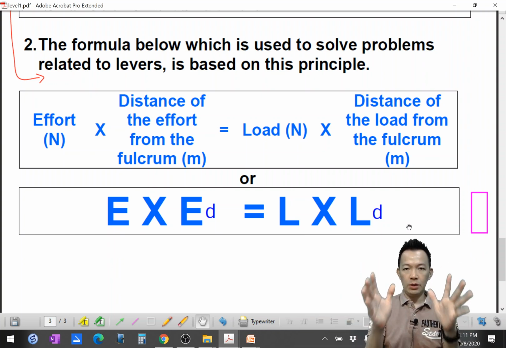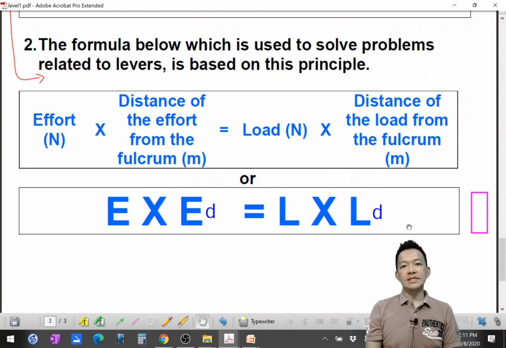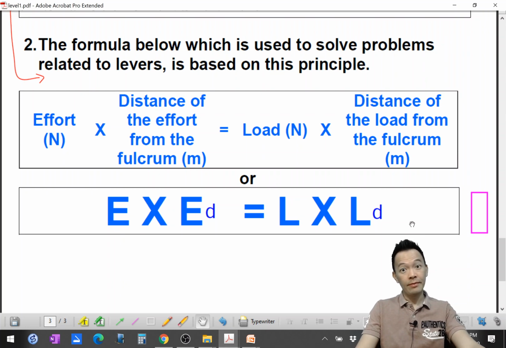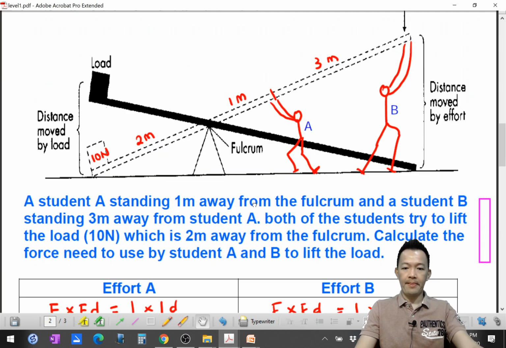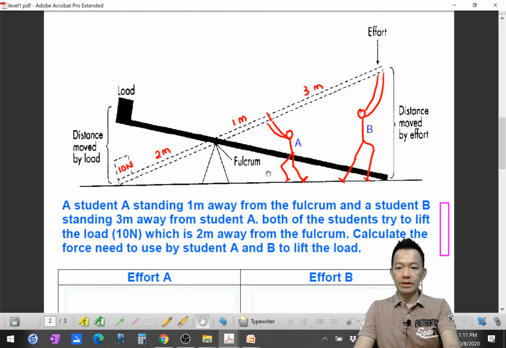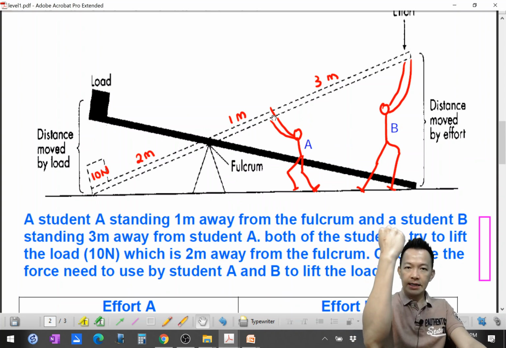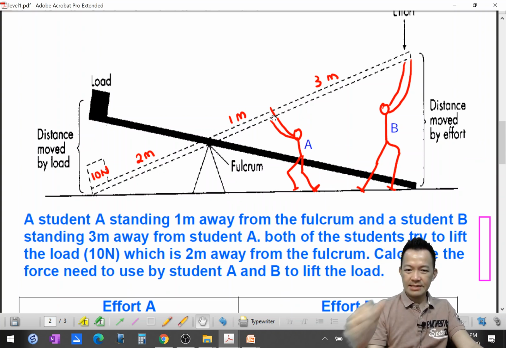With this formula, with this principle, we're going to settle everything about the lever. But how to use it? Okay, back to the question. How much force does A use, and how much does B use? A pulls the lever down, right?